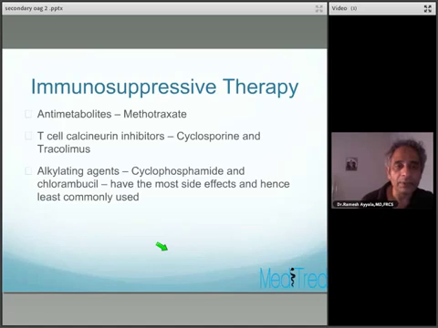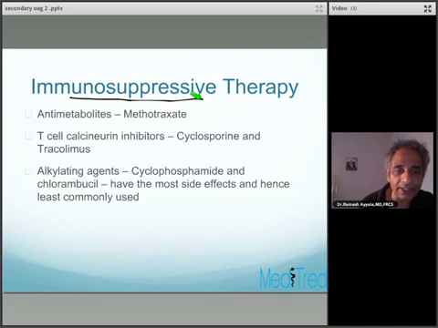So the other treatment modalities that are out there from the uveitis control point of view that you should be aware of, at least in theory, especially from your boards' point of view, are the immune suppressive therapies. These include the antimetabolites such as methotrexate, T-cell calcineurin inhibitors such as cyclosporine and tacrolimus, alkylating agents such as cyclophosphamide.